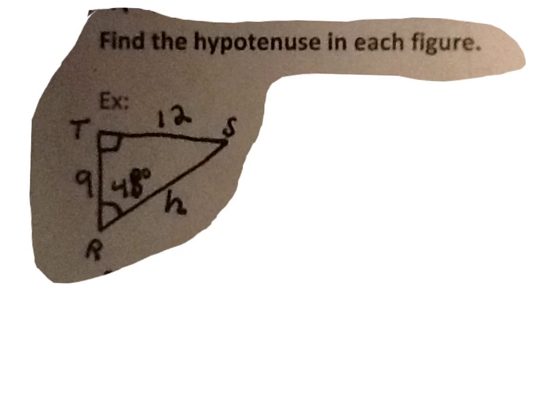I'm also given the side opposite of 48, which is 12, and I'm looking for the hypotenuse. So either sine or cosine would work perfectly. It's really up to me. I'm just going to use cosine, just kind of pick randomly here, and we'll go with the cosine.